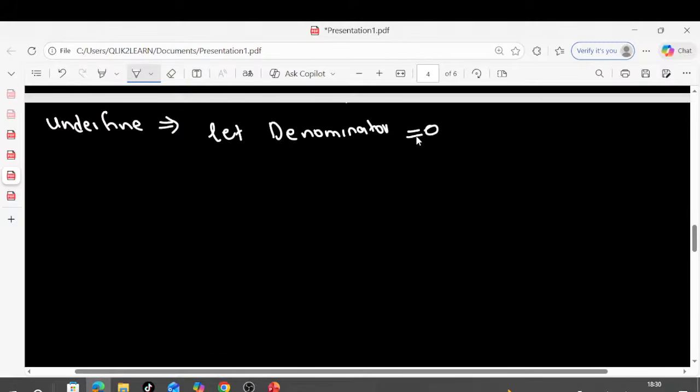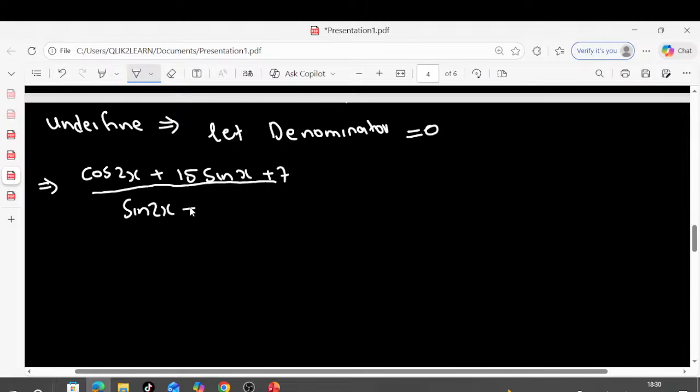Right. So let's rewrite the given equation. If you still remember, the given equation is cos 2x plus 15 sine x plus 7, everything over sine 2x plus cos x.